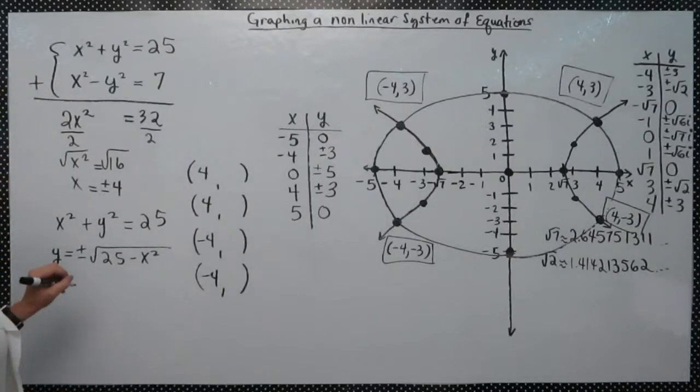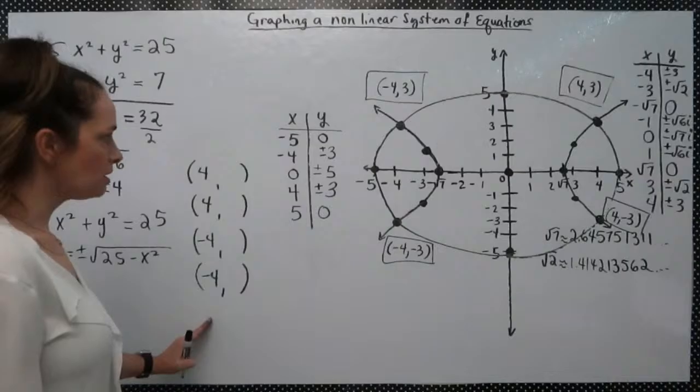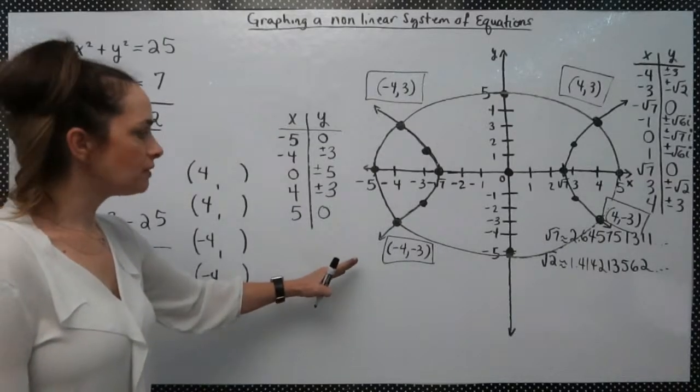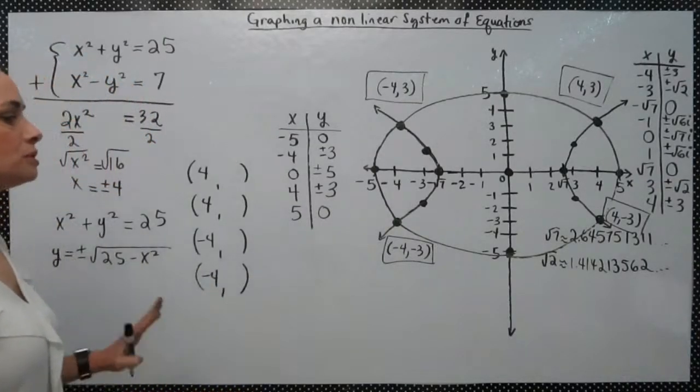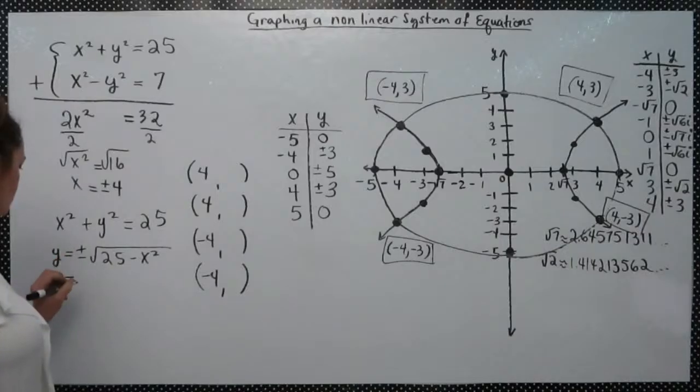Because when you plug in 4 here, you're going to get two answers. When you plug in negative 4 here, you're going to get two answers. So that's going to lead to 4 different values, which we've already verified graphically. We're just showing an alternate method. I like to solve them both ways. So we'll take the positive, and then we'll just duplicate the negative.